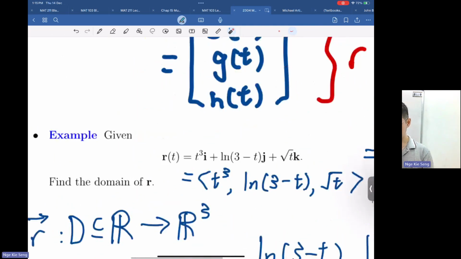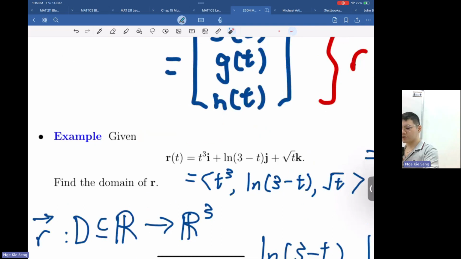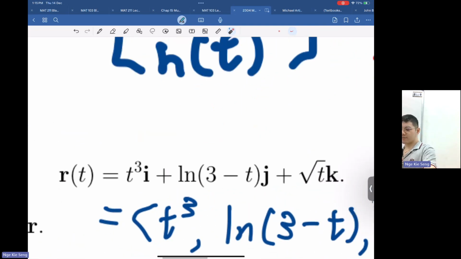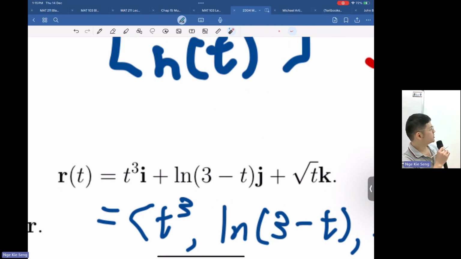For example, r(t) equals t squared i plus ln(3 minus t) j plus square root of t k. You just input a value t, then I'll tell you which position you are in R3.